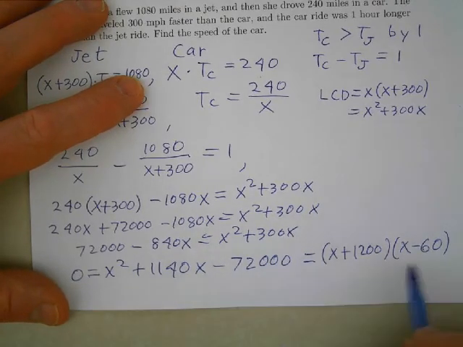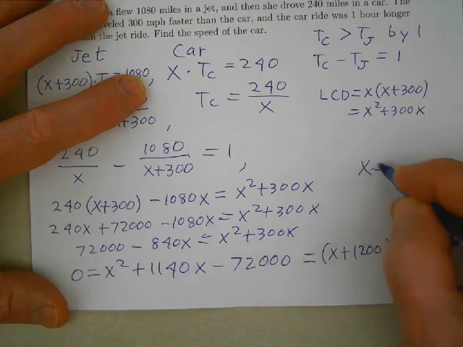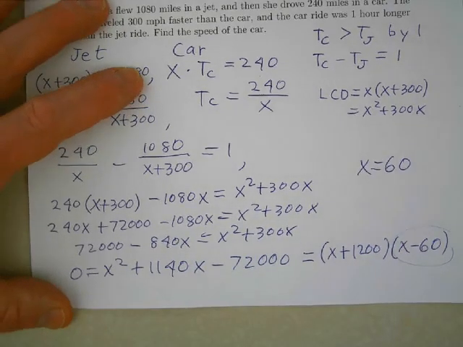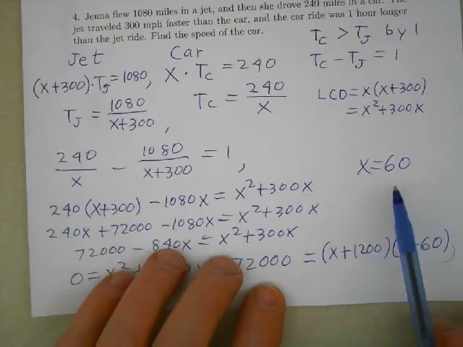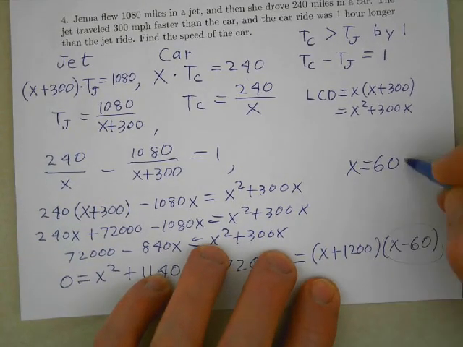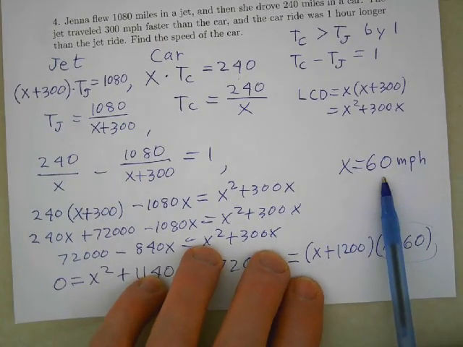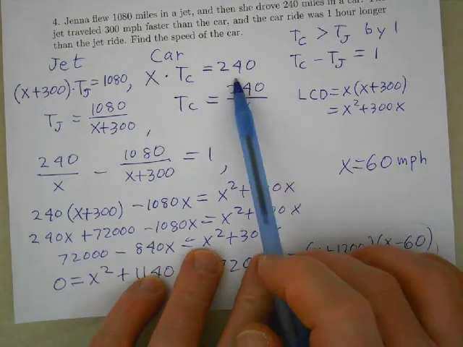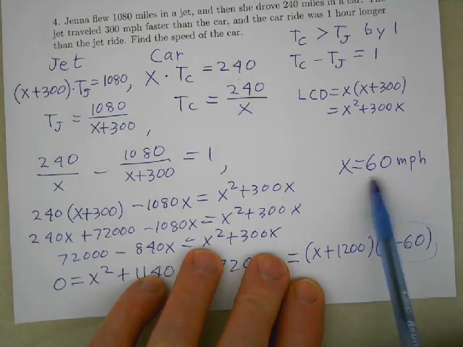One of the solutions is negative, the other is positive, so x equals 60 is the solution that we pick. If you remember, this is the rate of the car in miles per hour. So the speed of the car when traveling a distance of 240 miles was 60 miles per hour.